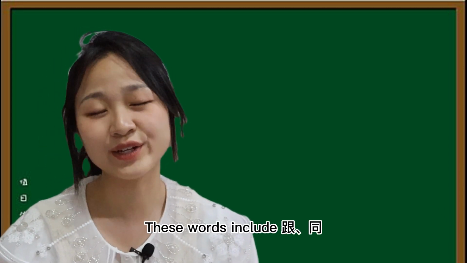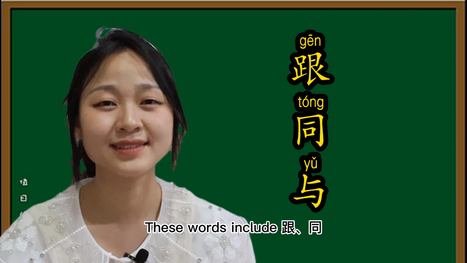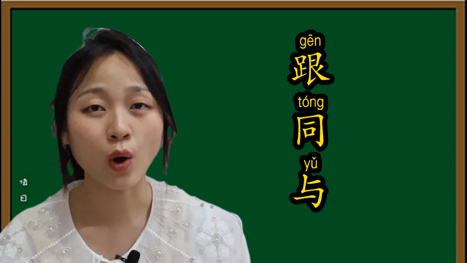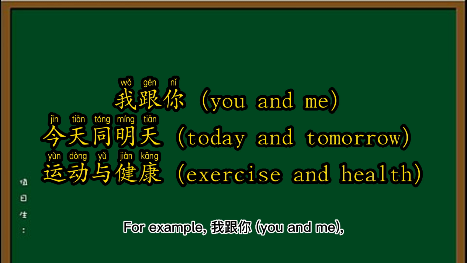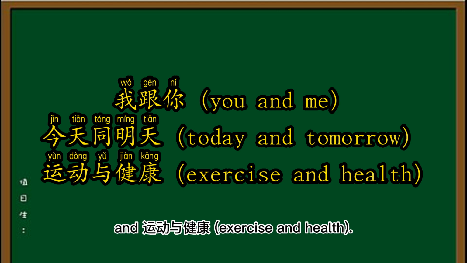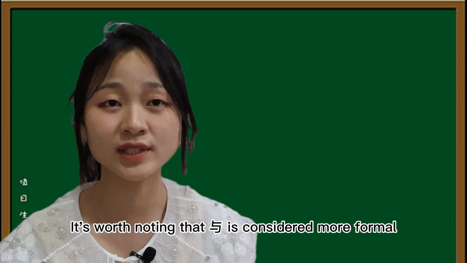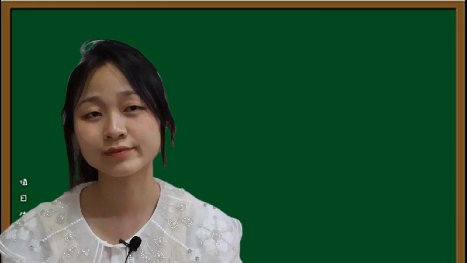These words include 跟, 同 and 与. For example, 我跟你, 今天同明天, 运动与健康. It's worth noting that 与 is considered more formal.